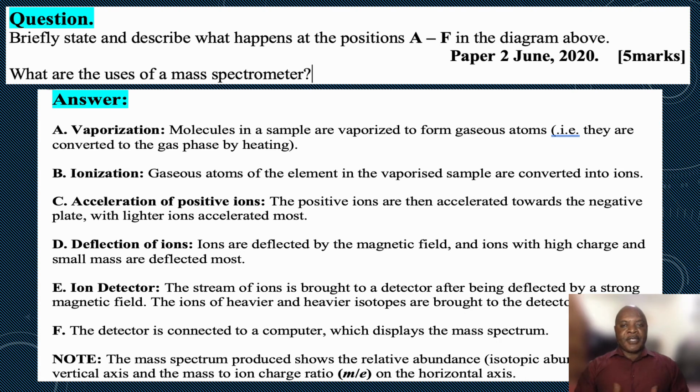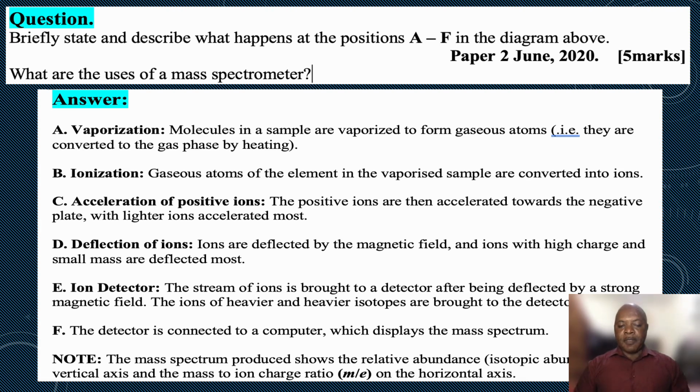You see that at A, it says state. When they say state, you just state the vaporization. Then you cannot describe, you can explain. At A, there's vaporization. Molecules in a sample are vaporized to form gaseous atoms. That is, they are converted to the gaseous phase by heating.